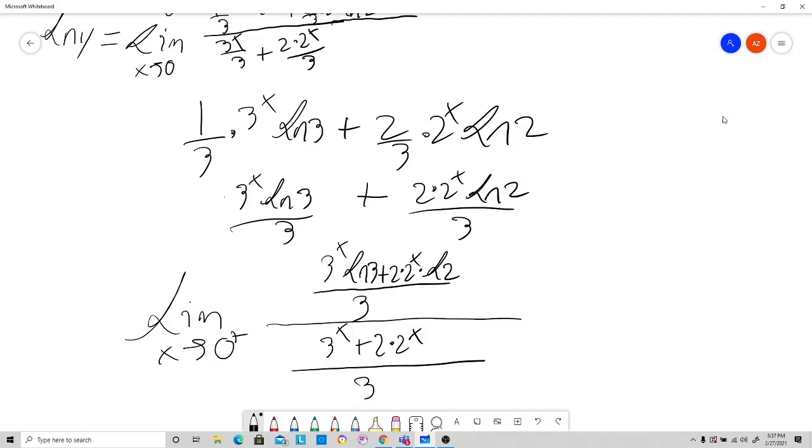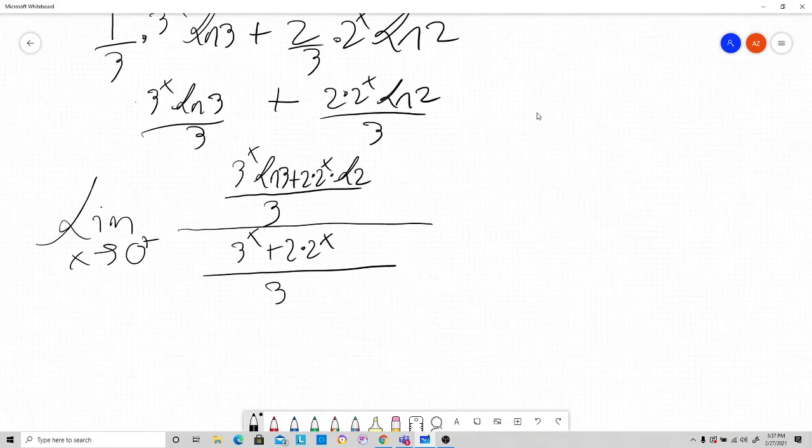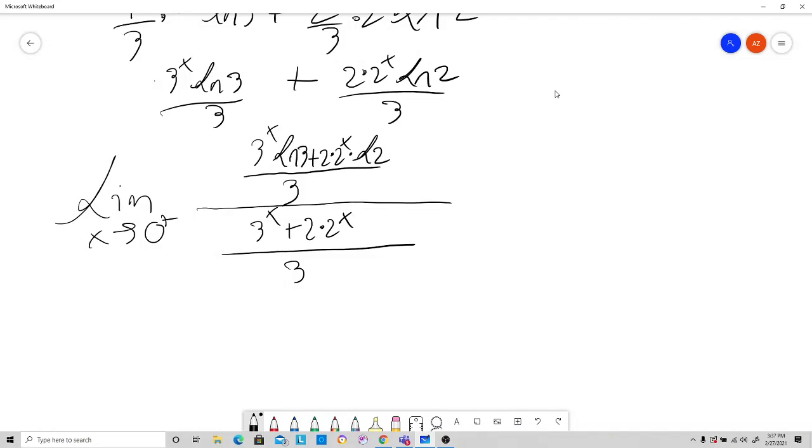Okay, so we can simplify this even more. We want to simplify as much as we can because we want to see if we can use L'Hopital's or if this is solvable.